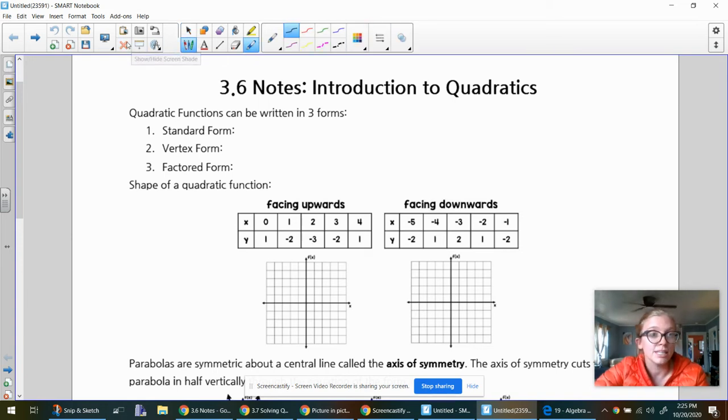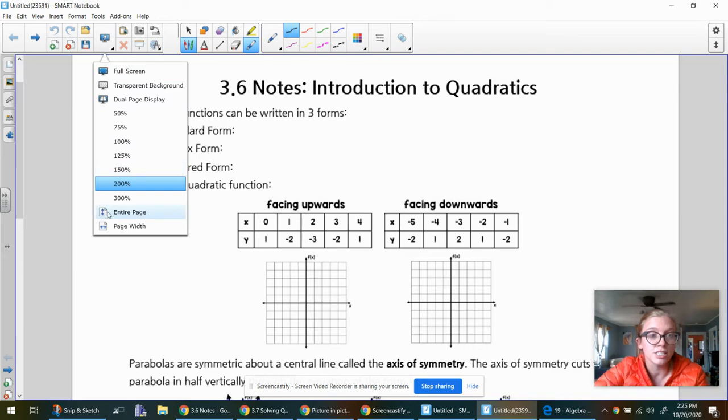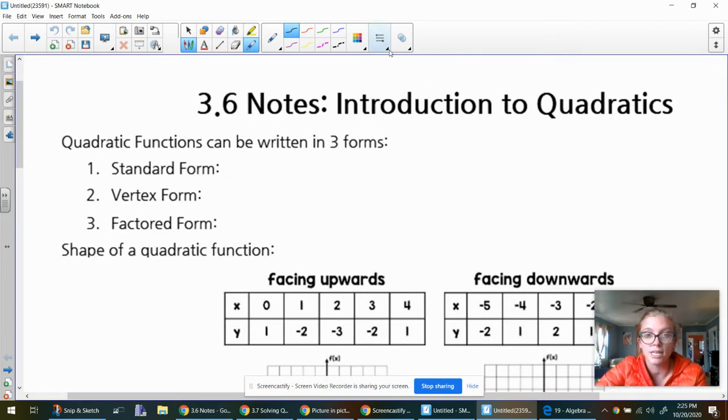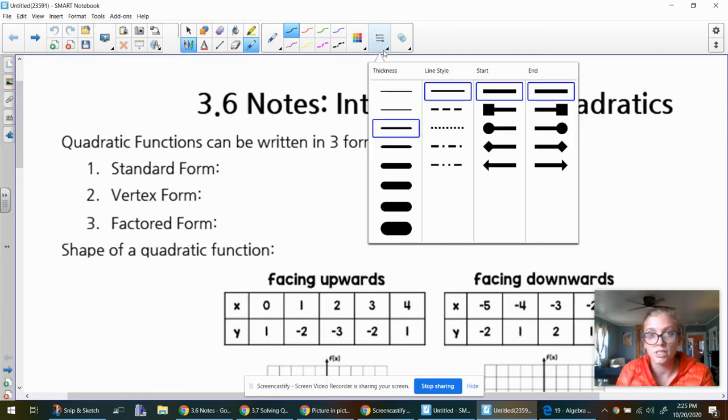So the first thing that we need to know is that quadratic functions can be written in three forms. There's three different equations that we can use to write about quadratic functions. And I'm going to apologize in advance. I'm using a stylus situation today, and it might not go as well as I was hoping for.